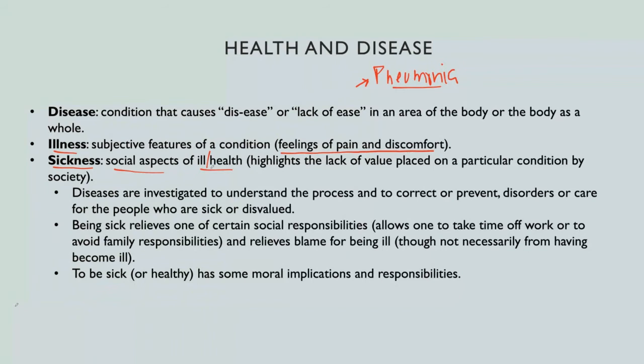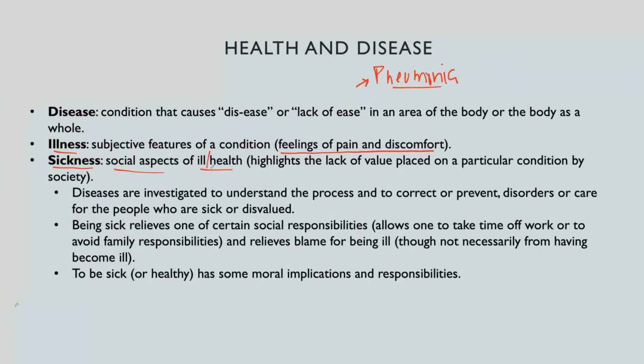Or when someone develops, for example, anxiety or depression, we tend to tell them, you need to be strong. You need to fight, you need to do this, and we tend to say, oh, this person is weak. This person is unable to stand and do what they have to do.